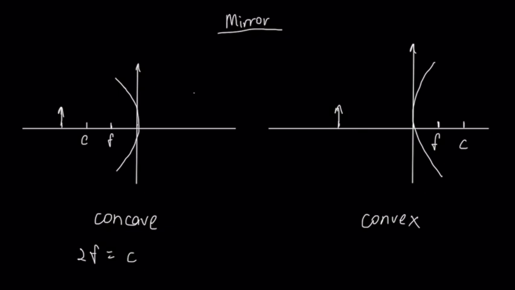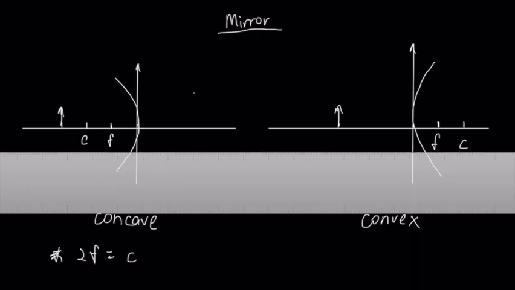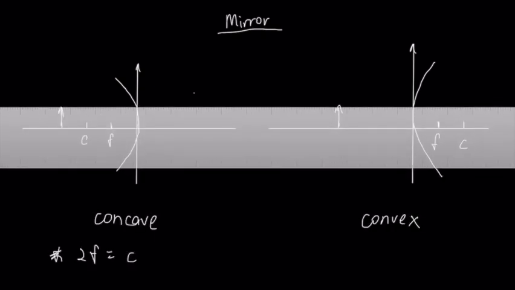And then after that, we'll be looking into a concave mirror first. So how does the light shine through the mirror? Okay, so this is very important. This is the main principle of how the mirror works.